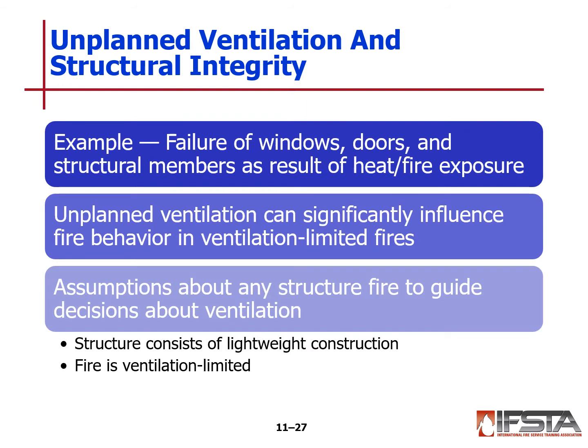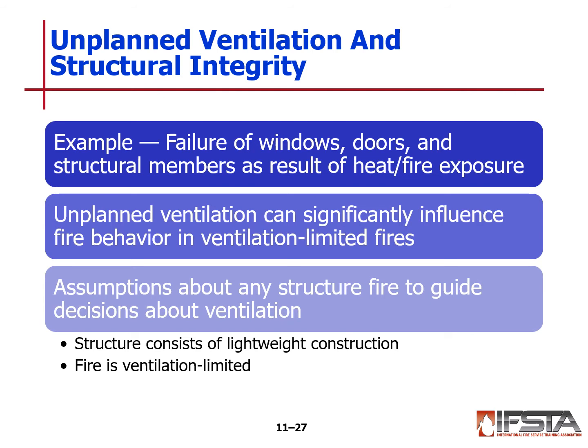Unplanned ventilation and the integrity of your structure. This is when failure of the windows and doors and structural members happens as a result of heat and fire exposure. So we talked about taking out windows ourselves unplanned and how that can be a problem for us. Also, when the fire itself self-ventilates, when it heats up enough to take glass out of a window, when it heats up enough to burn through a door, or when it literally burns through the roof and has vented itself.